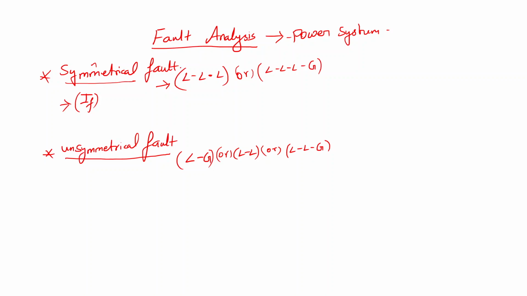I will convert all three phases into a single phase and do the calculation, so the complexity of finding the value in symmetrical is less than in an unsymmetrical fault. Because in an unsymmetrical fault, the current is not common for all three phases. For example, if phase 1 has a fault with ground, then phase 2 and phase 3 have different current values. At that time, the calculation may be a little bit complicated in an unsymmetrical fault.